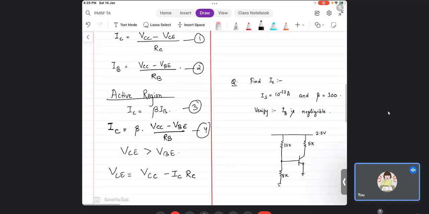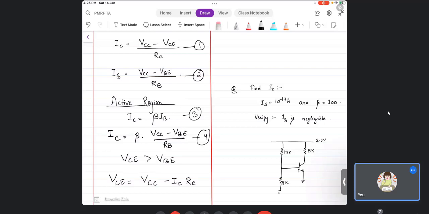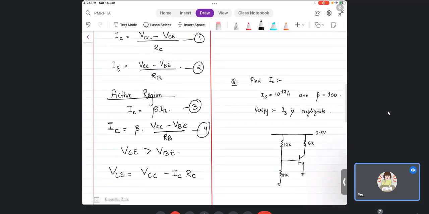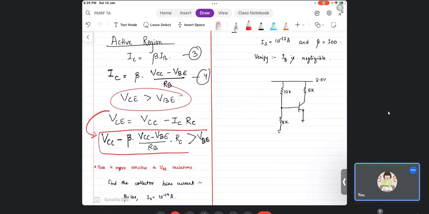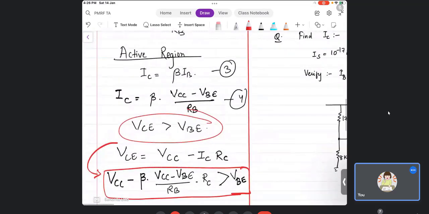So I am simply going to put it: VCC minus beta times (VCC minus VBE) by RB into RC. This should be greater than VBE. This is my condition. So from here I arrived at this condition, which is the condition to be fulfilled for simple biasing.